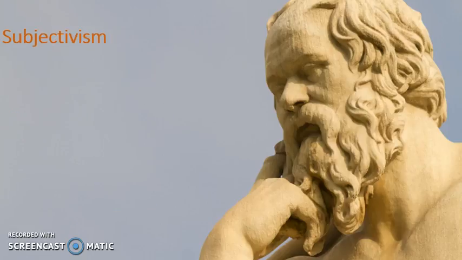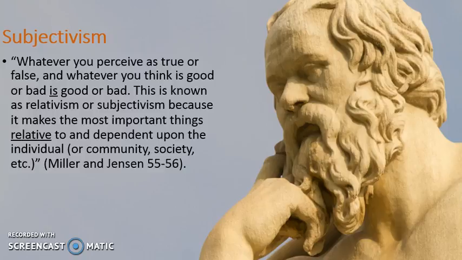So we now have a definition of the term subjectivism, which you should have posted about in the discussion room. And the definition, according to our textbook authors, is that subjectivism is the belief that whatever you, the individual, perceive as true or false, and whatever you, the individual, think is good or bad, is actually good or bad, true or false.